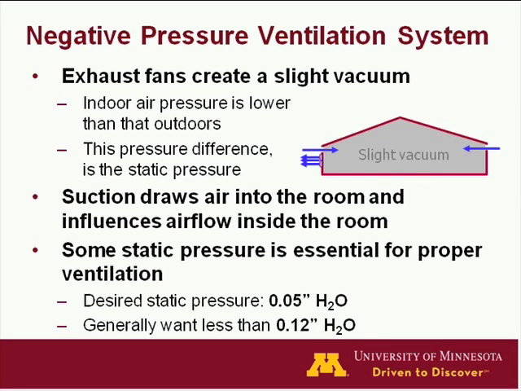And then air enters the barn through design inlets. The static pressure that we're talking about, our target, is about 0.05 inches of water gauge. We don't want to get much above 0.12, otherwise the fans are going to have to work too hard. The airflow rate is reduced.